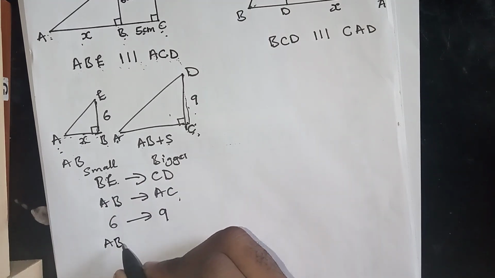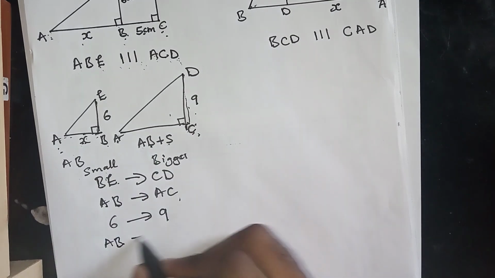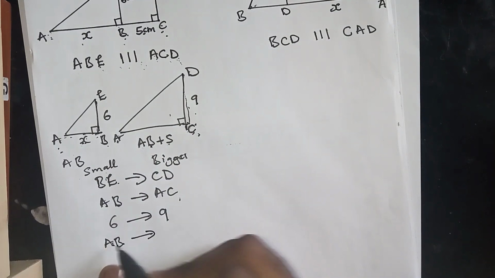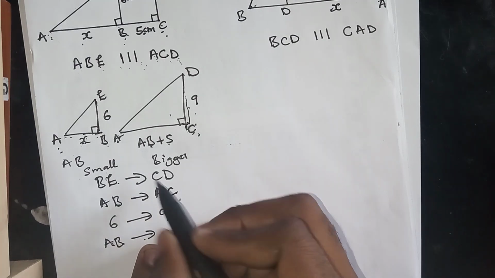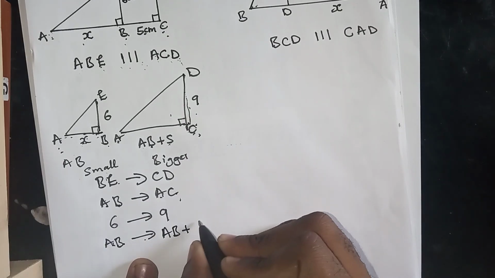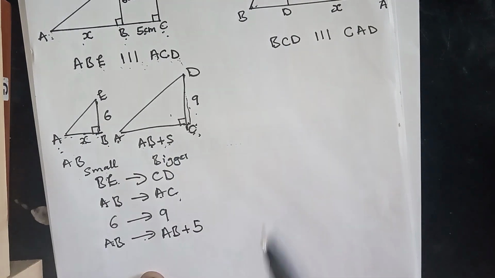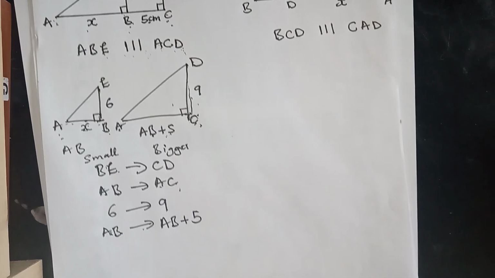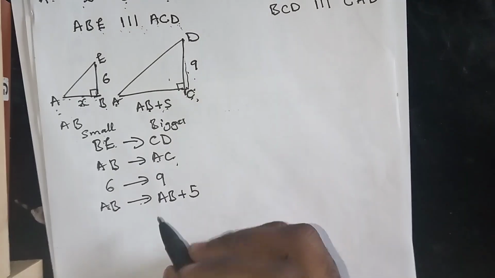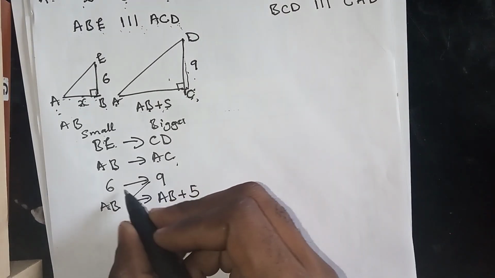If you decide to write it as X, make sure you write it as X even this side. So AB is related to AC, and AC is AB plus 5. Sorry, this is my 5. Sometimes it looks like an S. So now you can cross multiply from here, this by that.